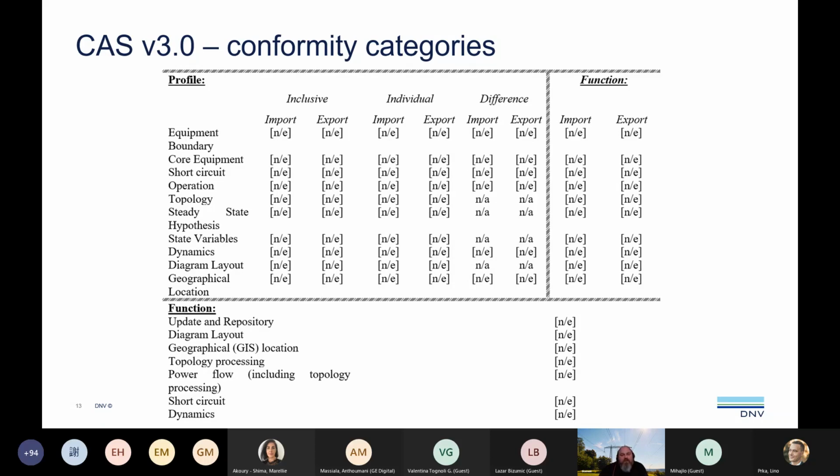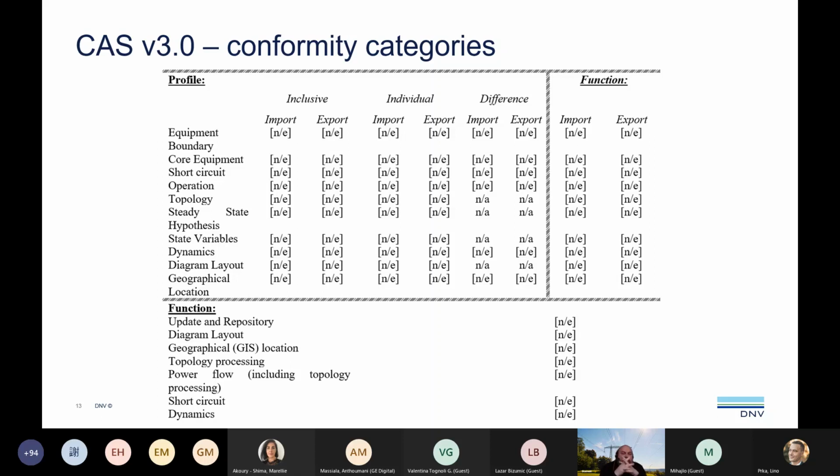We have done a little bit of changes in the idea of import and export. So we have 3 categories of import and export. The reason for this is so it's going to be easier for the utility to understand what is the requirement and how the system works.